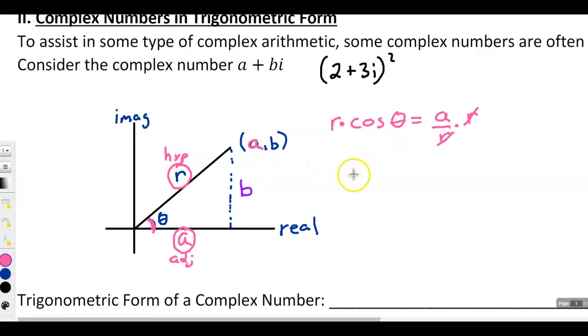So from this, I know that a equals r times whatever the cosine of theta is. That's what a equals. Remember, a is the real part. So we just figured out how to write the real part of a complex number using trig.